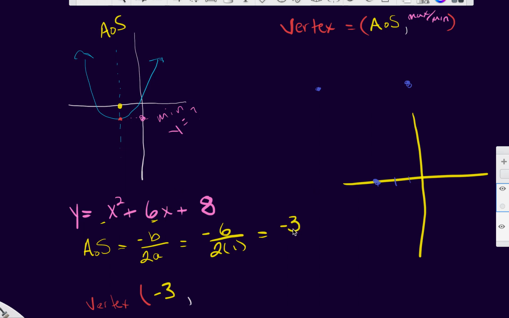So I'll say negative 3 squared plus 6 times negative 3 plus 8. Well, negative 3 squared is 9. 9 plus 8 is 17. Minus 18 gives me negative 1. Sorry, I had to go downstairs there. So my pink number is going to be negative 1.